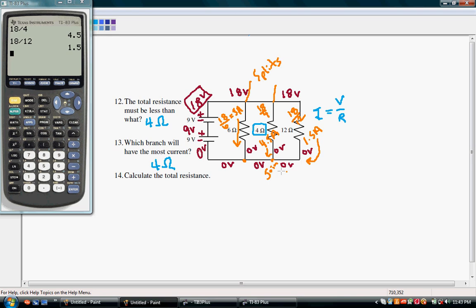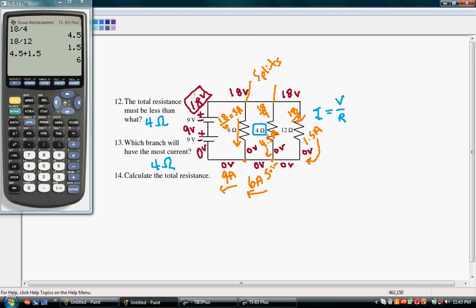So we have 1.5 amps, and that current runs into this 4.5 amp current, so 4.5 plus 1.5 will give us our combined current through the wire, which is 6. So from here to here, we actually have 6 amps moving this way around the circuit. But we run into another 3 amp current, so we add the 6 amps and the 3 amps and get a total of a 9 amp current.